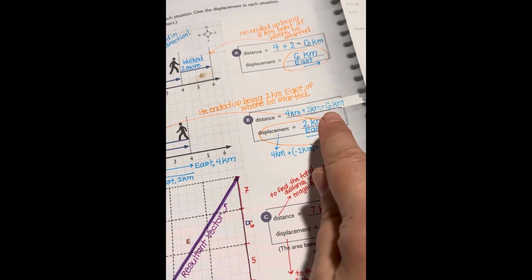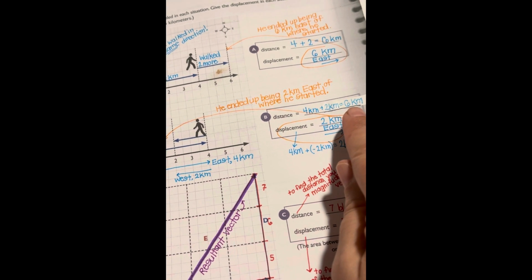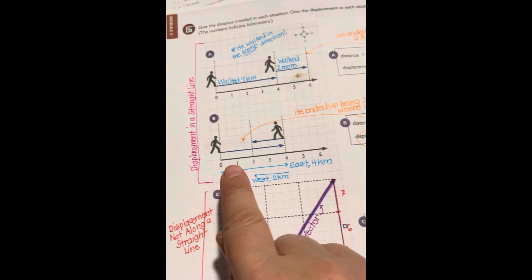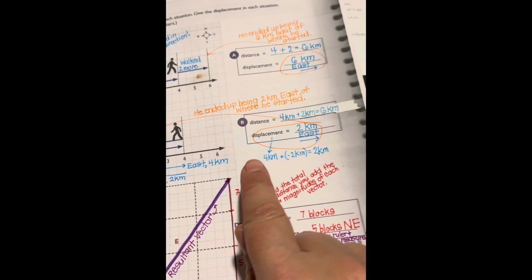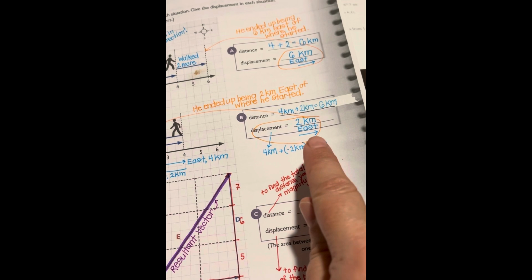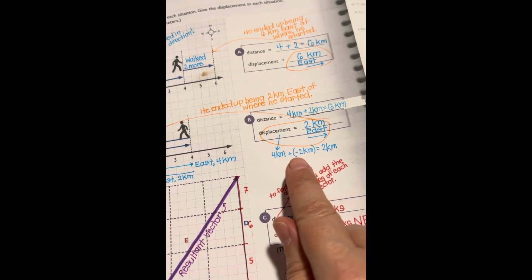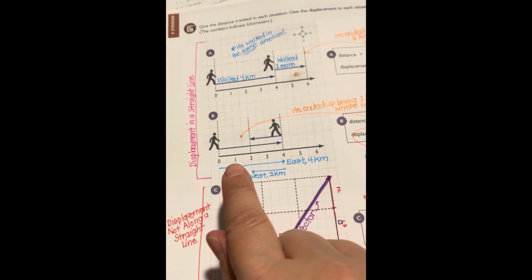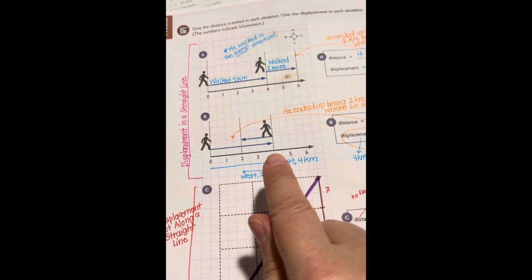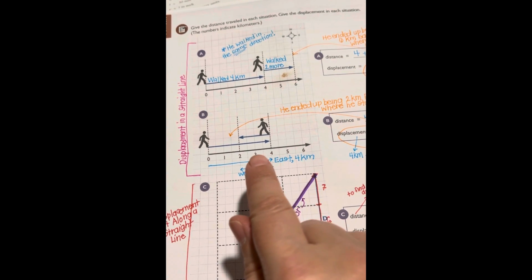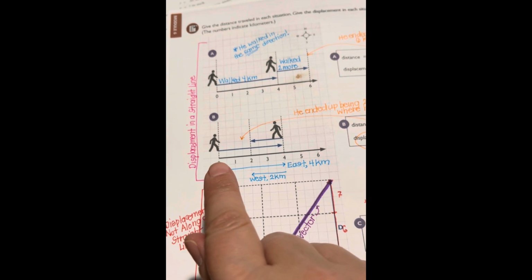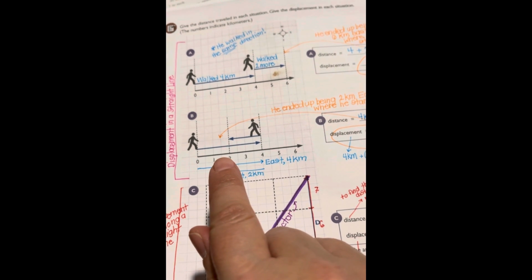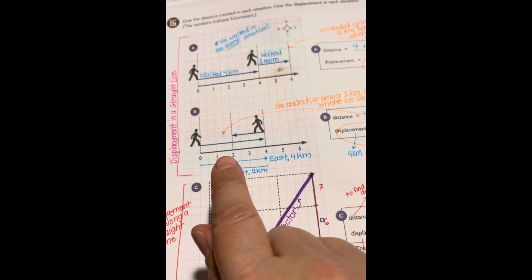So he still walked 6 kilometers. That didn't change. However, his displacement did. From where he started to where he ended, he was only 2 kilometers east. That's a negative number there. So we're saying he walked 4 kilometers, and if I added the negative direction in there, so minus 2, I get 2 kilometers east. So once again, he ended up being 2 kilometers east of where he started.